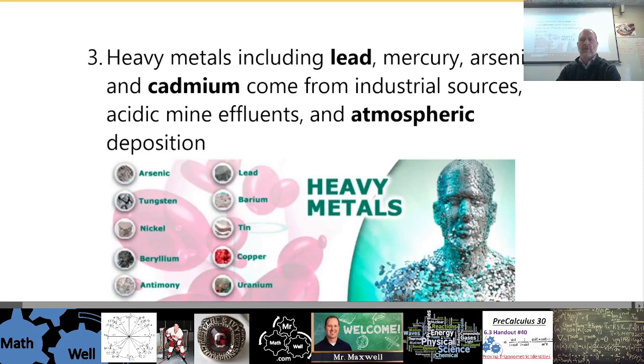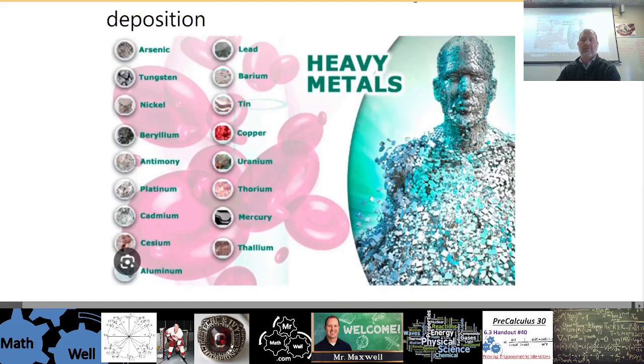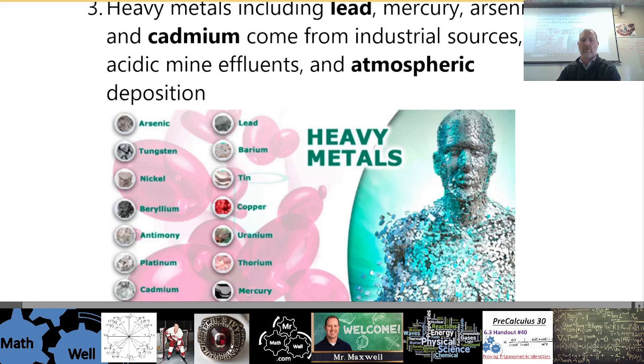Heavy metals include lead, mercury, arsenic, and cadmium, come from industrial sources, acidic mine effluents, and atmospheric deposition. Here's a list of some there. We've talked a lot about heavy metals. And the discussion we had too was that a lot of them are transition metals in the middle of the periodic table there, but not all of them.